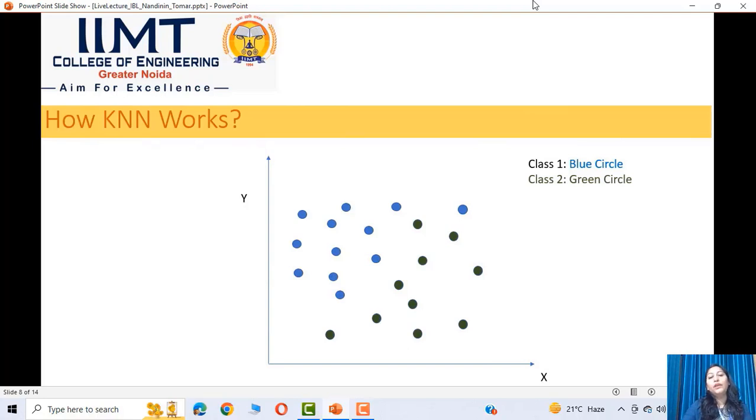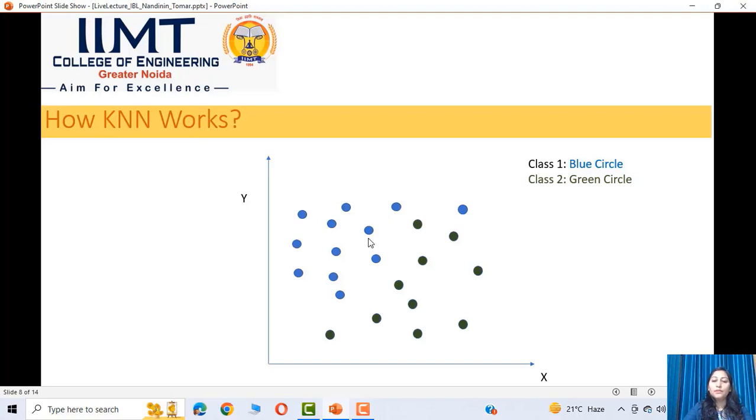Next, we'll try to understand the working of K nearest neighbor with the help of this example. We have some data set which is classified as blue circle and green circle, so we plot them according to the given graph.